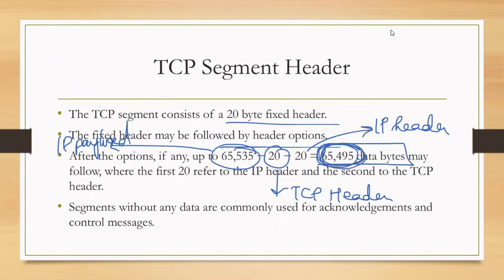So this many bytes of data can be there, 0 to 65,495 bytes of data. Sometimes you can have segments without any data, like I had mentioned, for acknowledgements and for certain control messaging.